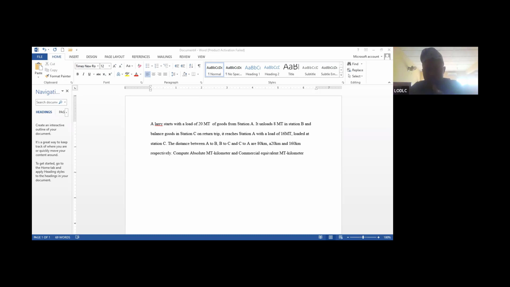For the second one, it unloads 8 metric tons in station B and the balance goods in station C. On the return trip, it reaches station A with a load of what? 16 metric tons, loaded at station C. The distances between A to B, B to C and C to A are 80 kilometers, 120 kilometers and 160 kilometers.